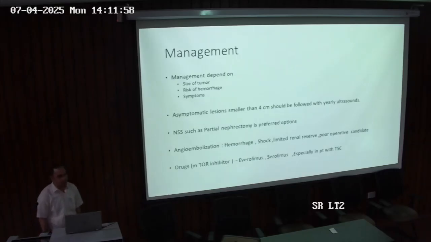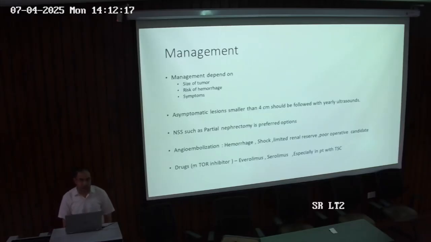Management of AML depends on the size of the tumor, risk of bleeding, and symptoms. If the lesion is asymptomatic and smaller than 4 cm, we can follow with yearly ultrasound to monitor the size and growth of the tumor. Nephron sparing surgery such as partial nephrectomy is the preferred option because this is a benign condition.